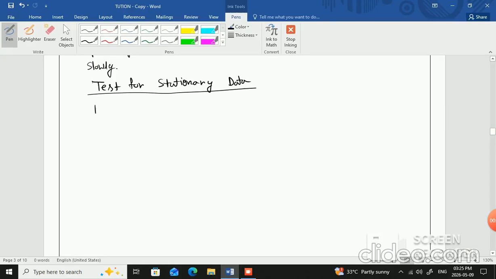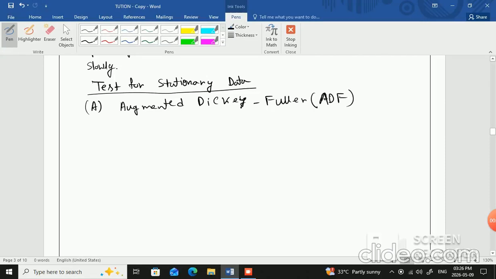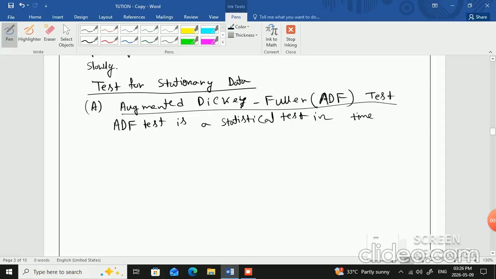First test is the Augmented Dickey-Fuller test, short form is ADF test. ADF test is a statistical test in time series analysis.